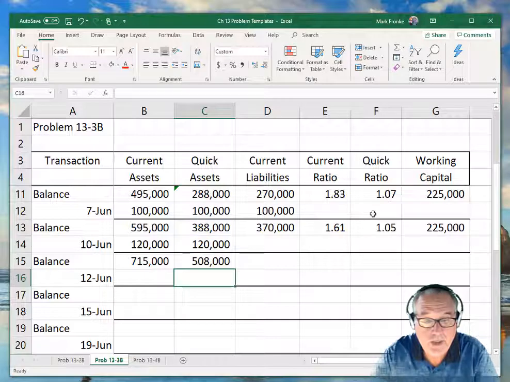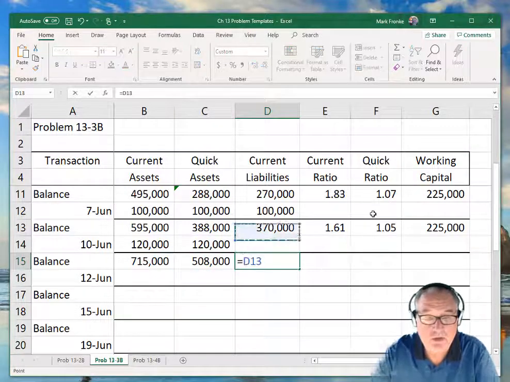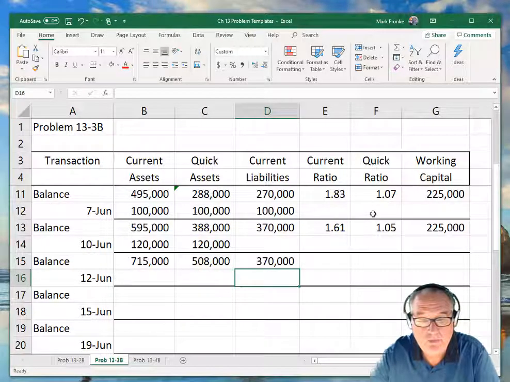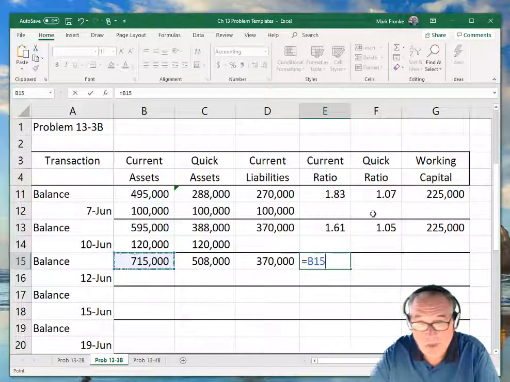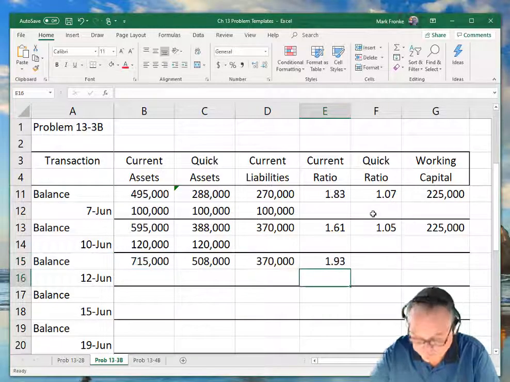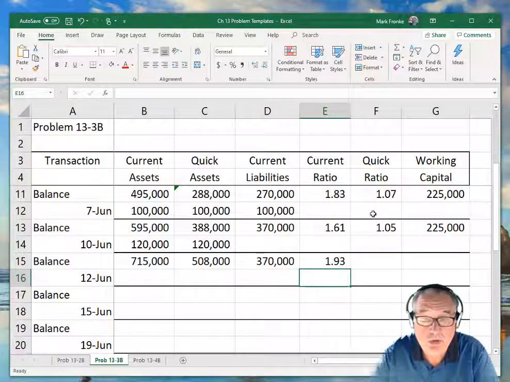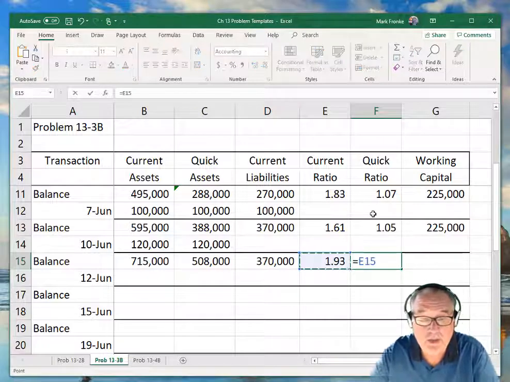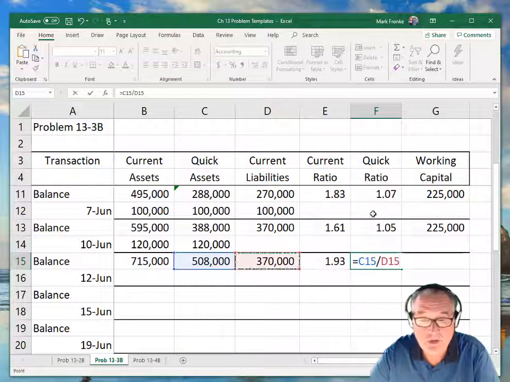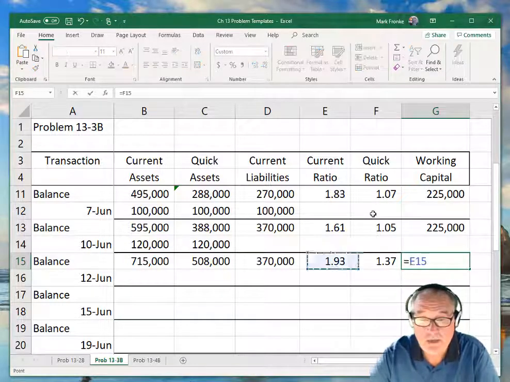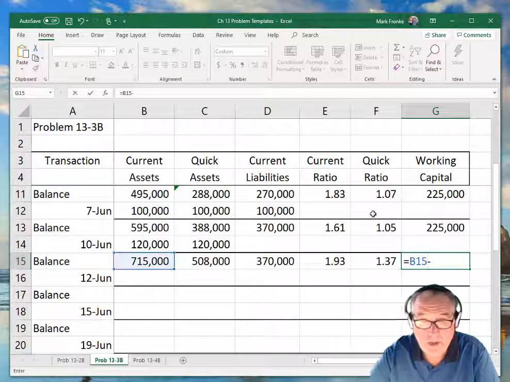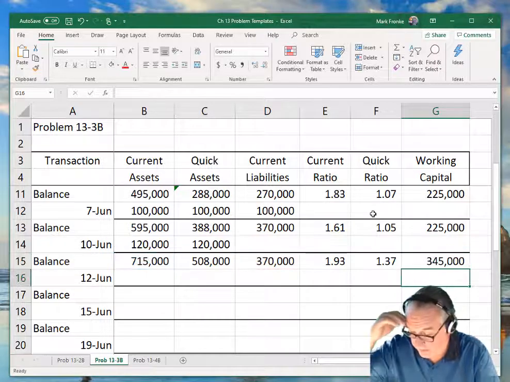So now we have $715 in current assets, we have $508 in quick assets, and our current liability stayed the same at $370. So now our current ratio is 1.93. Our quick ratio is 1.37, and our working capital went up to $345,000.